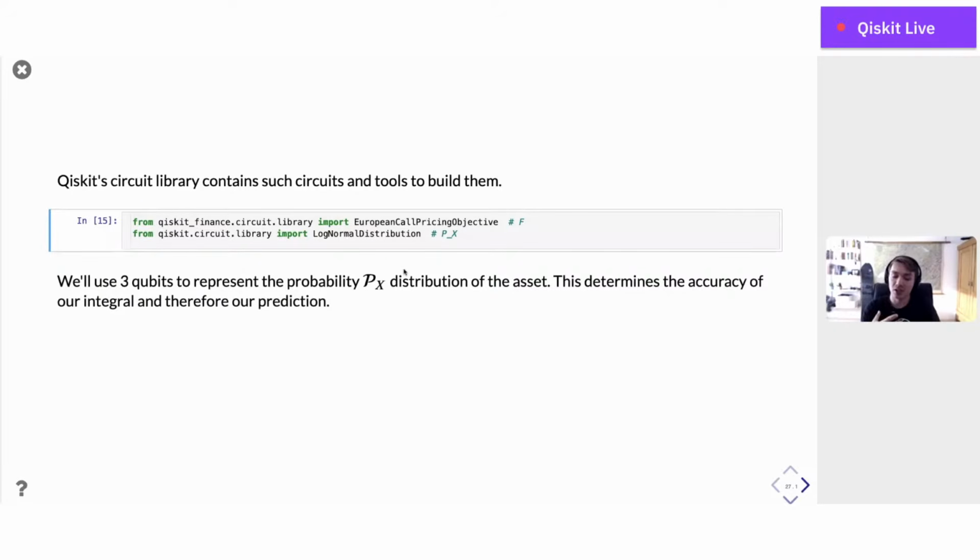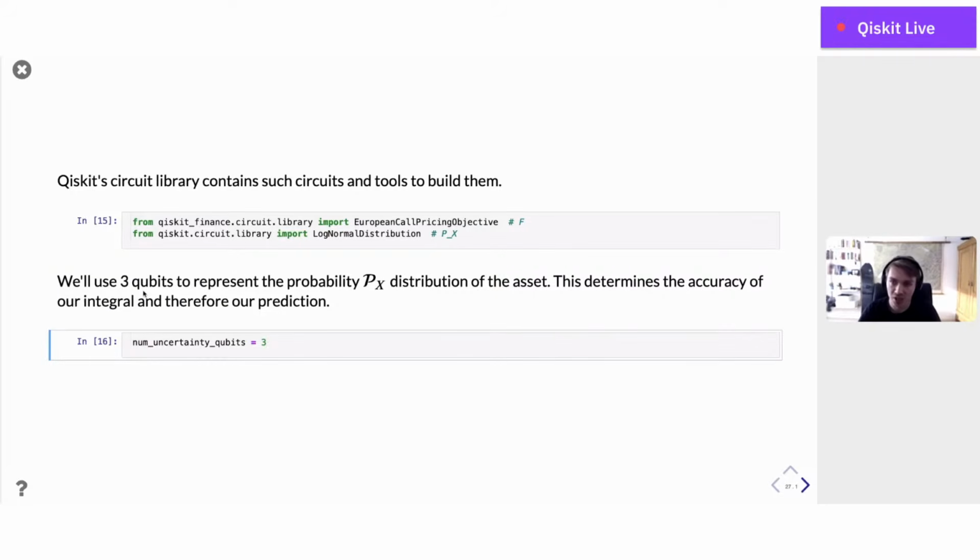The accuracy of this approximation firstly depends on the approximation of the integral that we have. So how well can our integral, our amplitude A, represent the actual expected value? And this depends on the number of qubits that we use to represent the probability distribution. And here we'll just use 3, which gives us 8 terms in the sum.